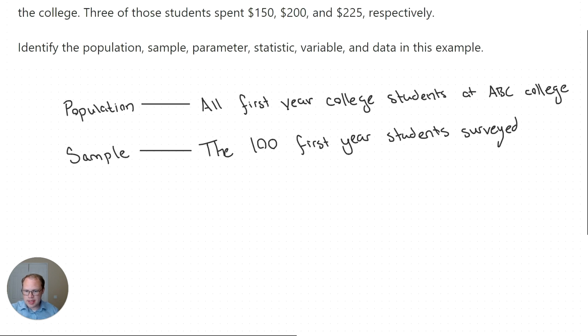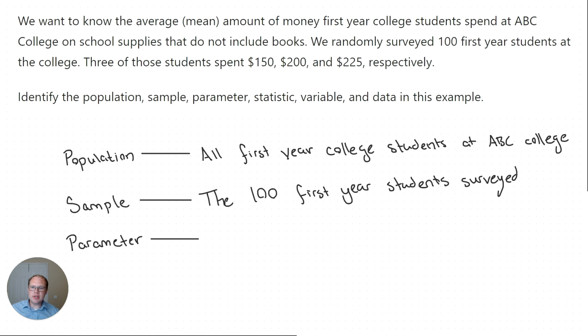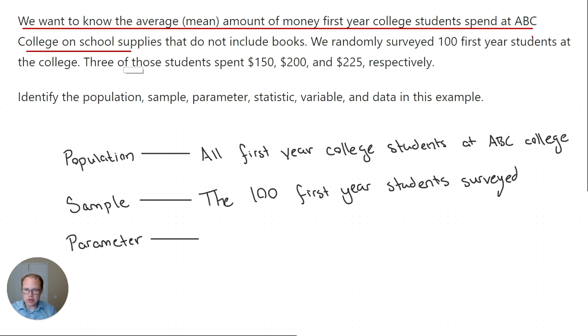Next up is parameter. Remember, parameter is a summary of the data we are interested in for our population. It's a measurement or a summary of the population. So what are we trying to measure from the population? Well, it says right here, we want to know the average amount of money first-year college students spend at ABC College on school supplies that do not include books.